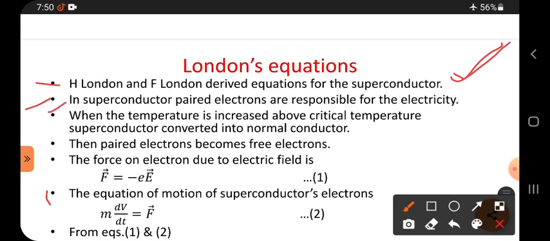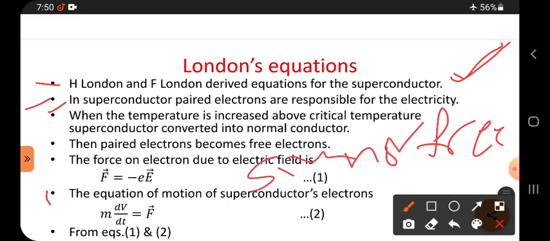In a superconductor, paired electrons are responsible for electricity. Generally, in a normal conductor, free electrons, meaning single electrons, are responsible for conduction of electricity. But in superconductors, paired electrons are responsible for producing electricity.